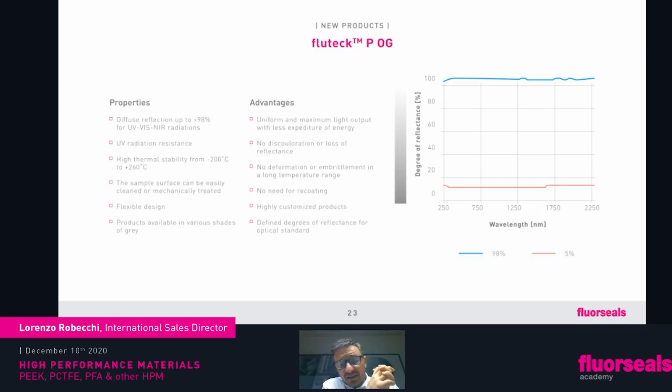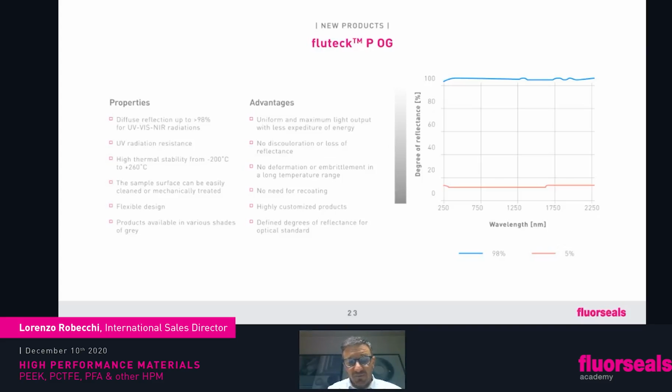On the other side, if it's completely black, the degree of reflectance is very low, 5%, something like that, which is lower than what you would have with a black standard PTFE, okay? So coming to the reaction to light, this is a material which can be very reflective or absolutely not reflective.